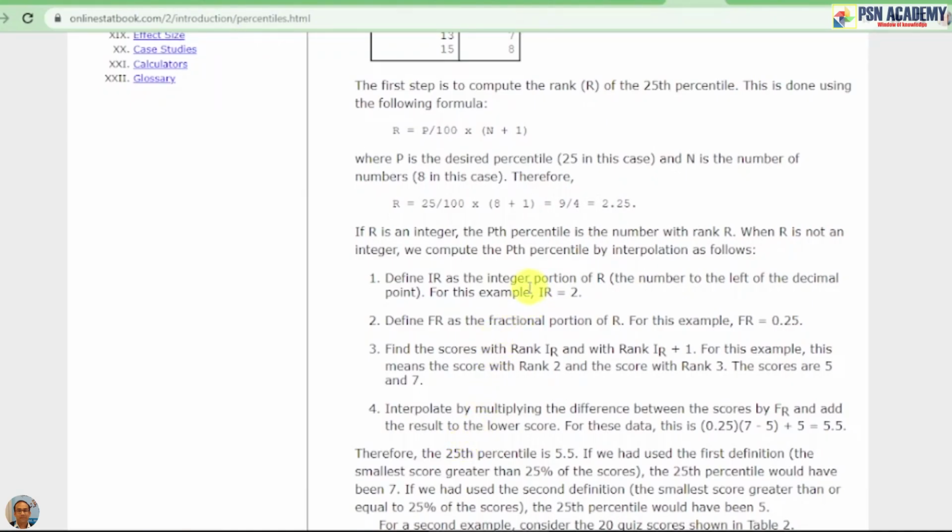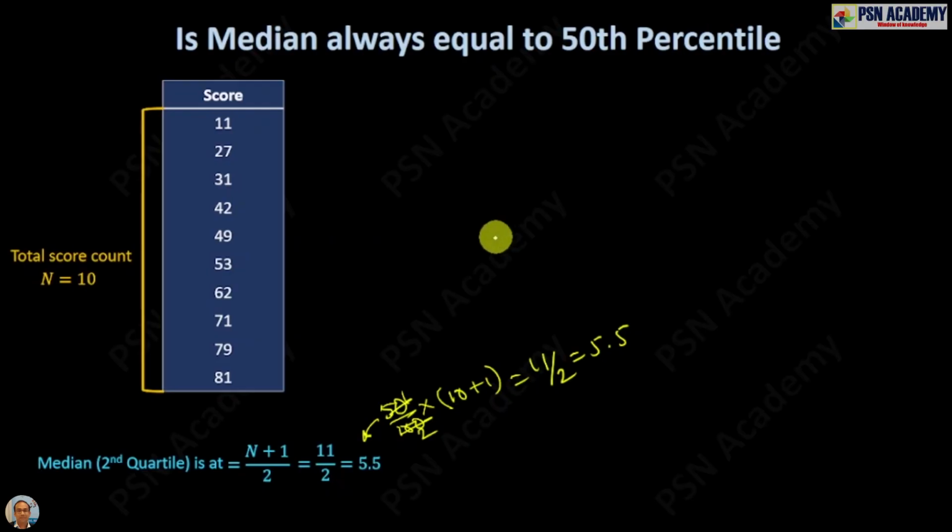Now, next, what is he suggesting? If your R is an integer, then you declare that the pth percentile is the number with that rank. That means whatever the score corresponding to that R, that score is the pth percentile, right? But in our case here, we have got a fraction.